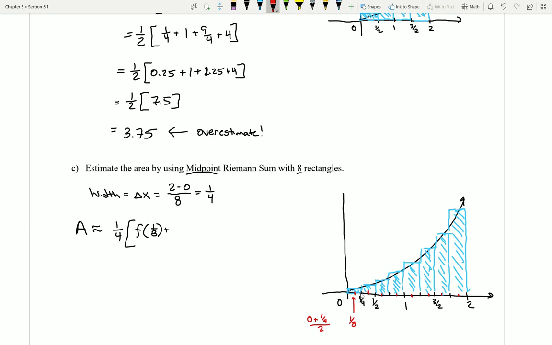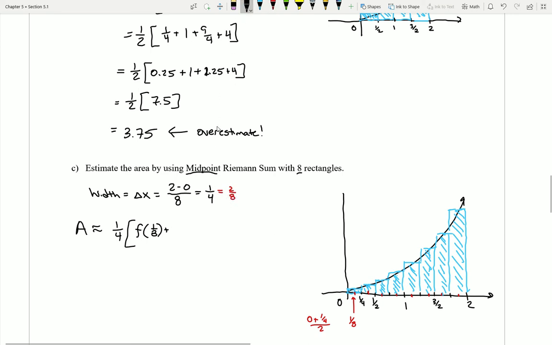And then how far of a distance is it from this edge to the next midpoint? Wouldn't that be another 1/8? So this is 1/8 and 1/8, or 2/8, or this is 1/4. It's actually still one full width of a rectangle to move from midpoint to the next midpoint. And I should note here that that's the same thing as saying 1/4 is the same as 2/8.